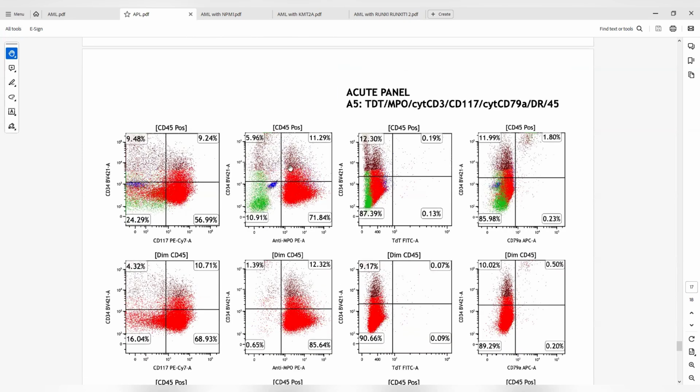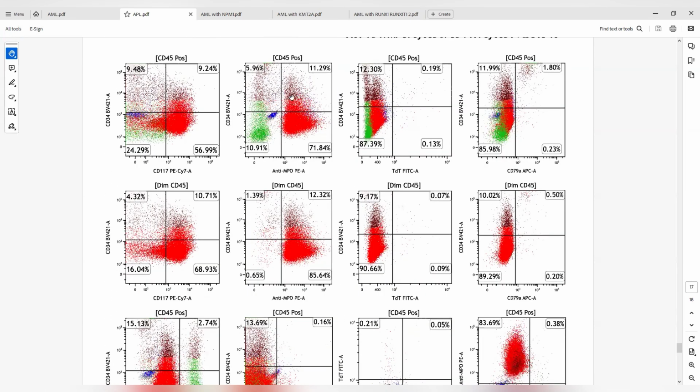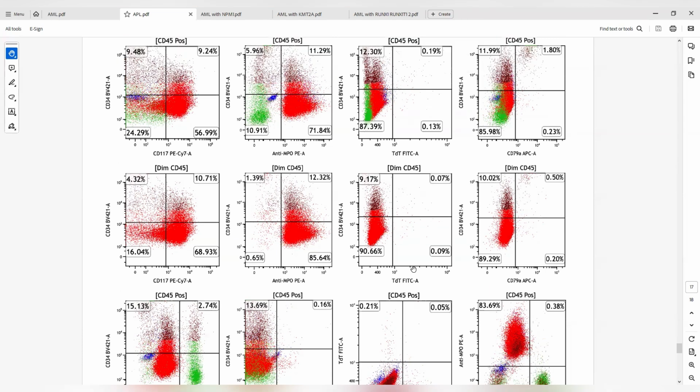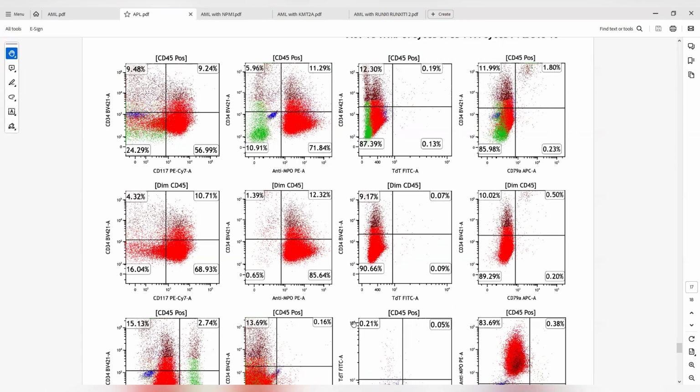And lastly here, MPO is positive, and we said MPO is the most specific myeloid lineage marker. TDT, which is an immature lymphoid marker, is negative, and CD79A is negative, and cytoplasmic CD3 here is negative. So it seems like we're dealing with an acute myeloid leukemia because we do have expression of CD117.